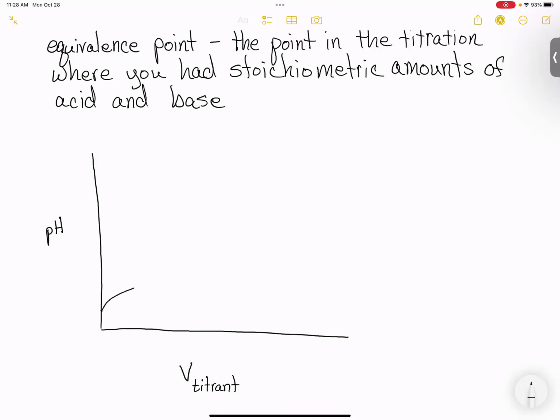And that pH is going to slowly increase until it gets close to the equivalence point. Right around the equivalence point, we're going to see a significant increase, and then it's going to level back out.